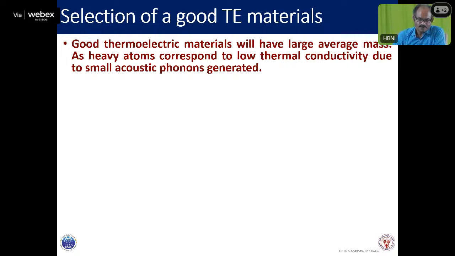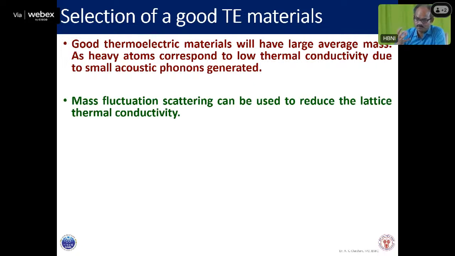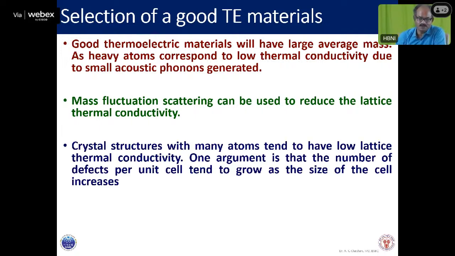A good thermoelectric material will have a large average mass, as heavy atoms correspond to low thermal conductivity due to small acoustic phonon generation. If the atom is very heavy, it is going to vibrate less. Mass fluctuation scattering, because of the change in these masses, can be used to reduce the lattice thermal conductivity.